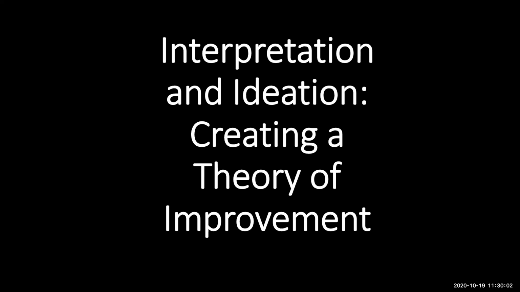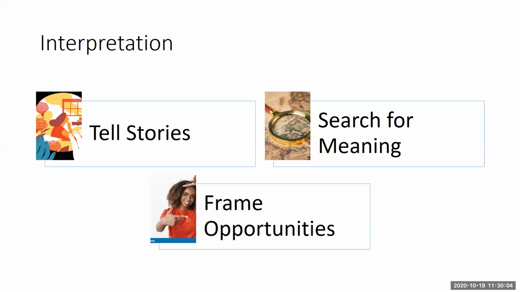So interpretation and ideation, creating a theory of improvement. You all know that the first stage of this work is discovery. And in discovery, you're really digging in and trying to understand the problem from the user's perspective and really define that problem more clearly. So you may start with a broad area of concern.